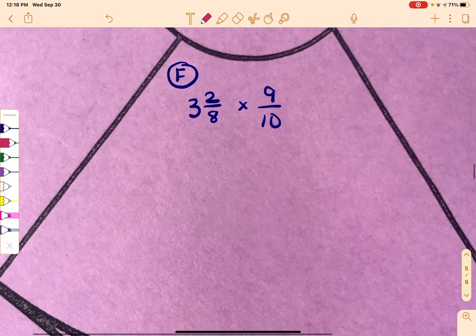Okay, here is F. 3 and 2 over 8 times 9 over 10. So a couple things. 9 over 10 is good. It's already set up as a fraction, so we're golden there. But this, we're going to have to change into an improper fraction.